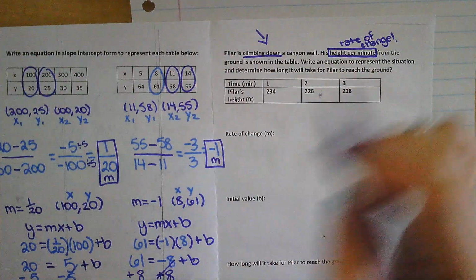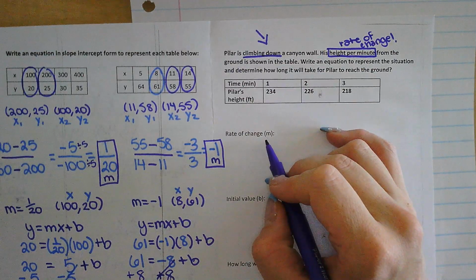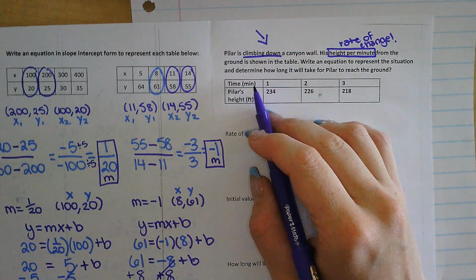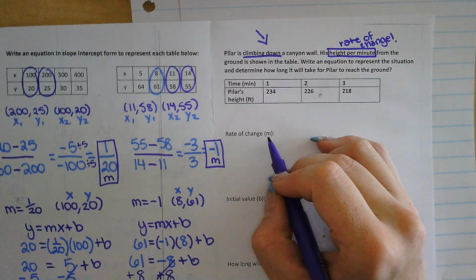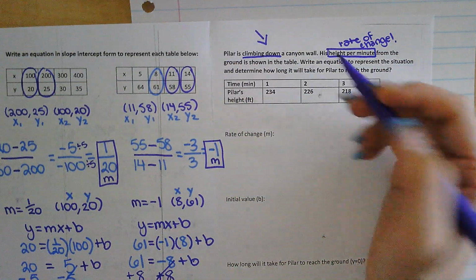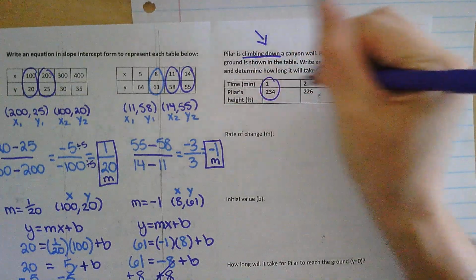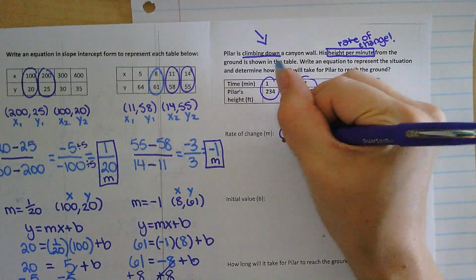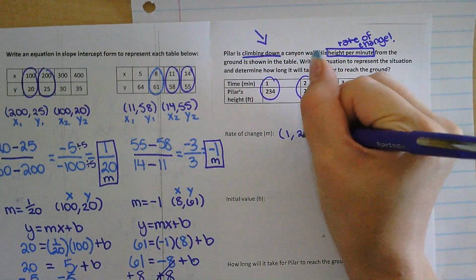Okay, so first we want to find that rate of change, Pilar's height per minute, so we're going to find the slope. This is the same way we've started all of the other problems. I'm going to pick 2 points. I'm going to write them as ordered pairs.